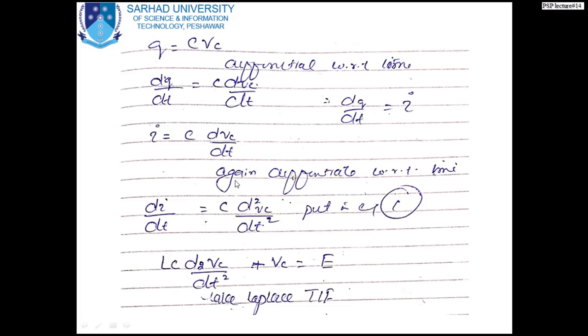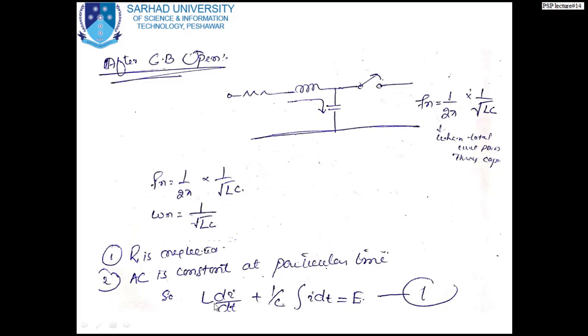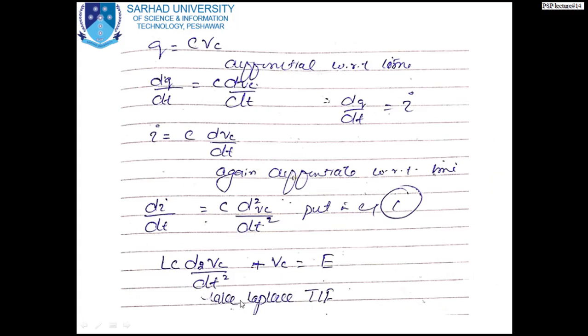Now, if we take the differential of the current, again differentiating, it will be the second derivative of voltage with respect to time. So we are putting equation number 1 into the previous differential equation, that is this equation, right?